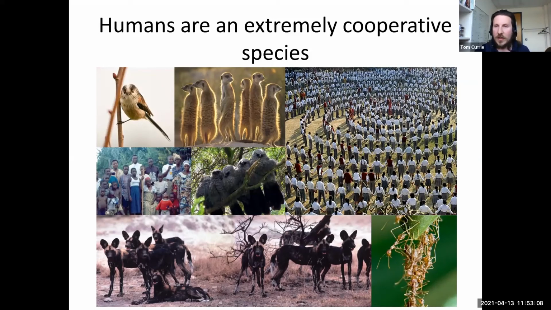There are, of course, other species that are also very cooperative, but often this is based around some form of cooperative breeding or involves higher levels of relatedness with other individuals. In humans, we're a bit weird, we're a bit different, and we have these interactions and cooperative situations with people that we're not related to at all, and in very large numbers.